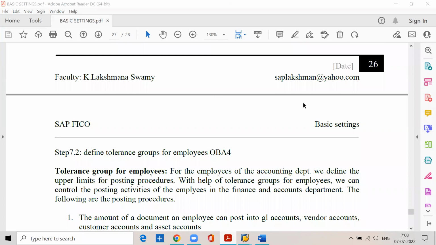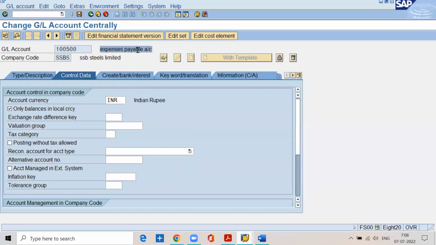Sir, in this tolerance group, as you said, if we have defined debit posting 1000 and credit posting 1000, and apart from that, you said one blank tolerance group also to be assigned? No, not to be assigned. Normally, the blank tolerance group is also created. When you don't assign any tolerance group in the GL account, then the values of the blank tolerance group are applicable. For example, in the outstanding expense account, in another company code, we did not assign any tolerance group. We kept this field blank.